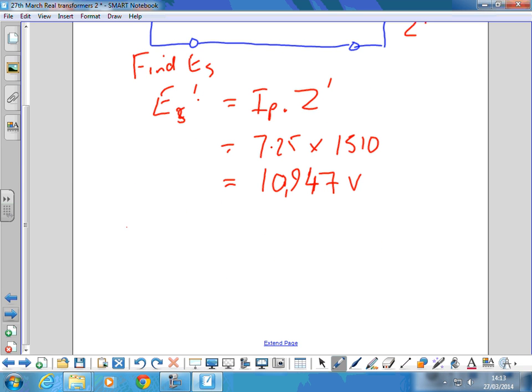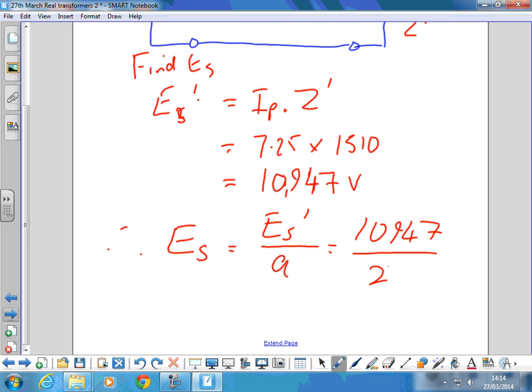Therefore, ES is ES dash over A. That's 10,947 over 27.5 equals 398 volts. So losing 53 volts on the primary side effectively has us losing just 2 volts on the secondary side.